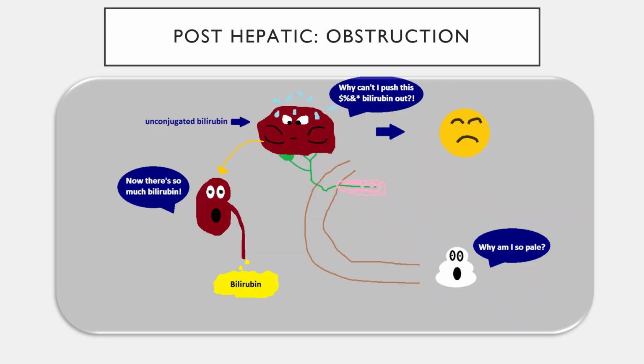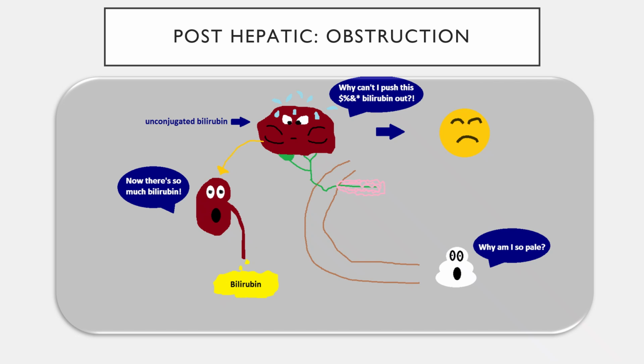This visual is reinforcing a simple but critical concept. Production is fine, conjugation is fine, flow is not fine. Pressure builds upstream, kind of like a plumbing clog, except this plumbing controls toxin removal. Notice how bilirubin accumulates and nothing progresses forward into the intestine, which is why stool becomes pale, urine becomes dark, and skin becomes yellow.